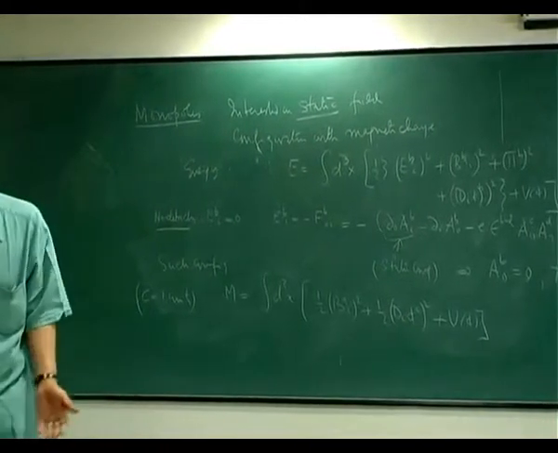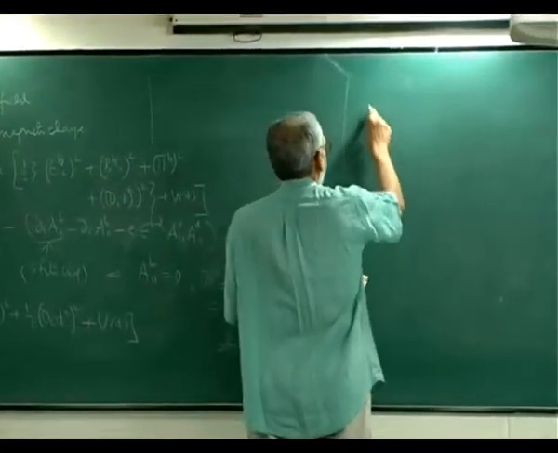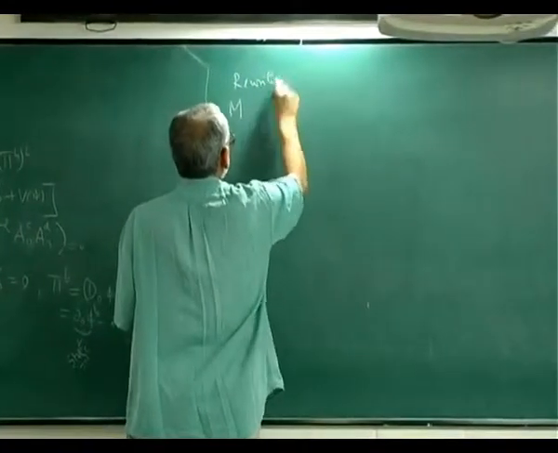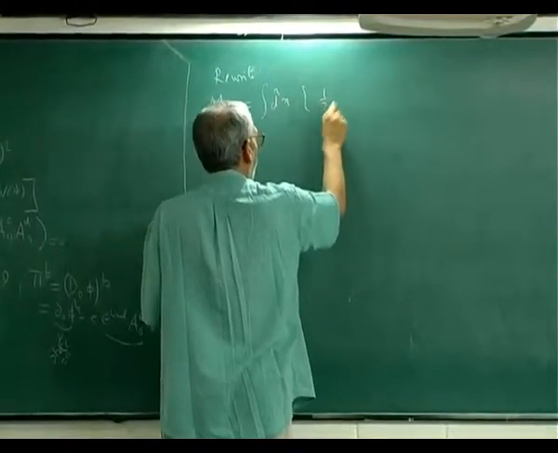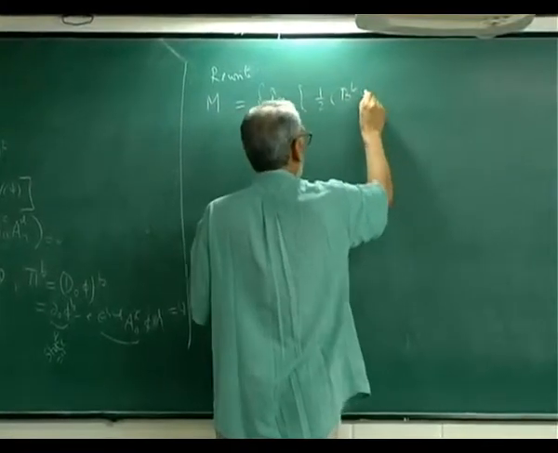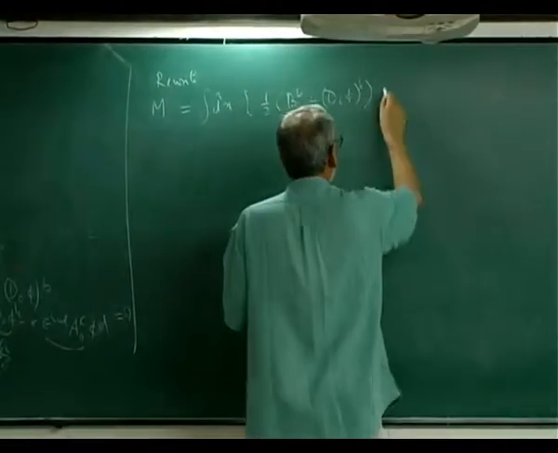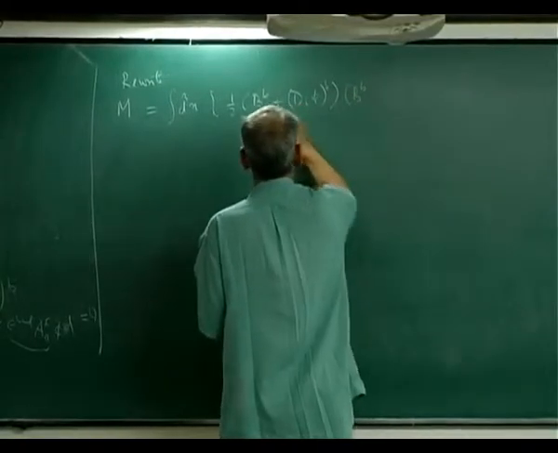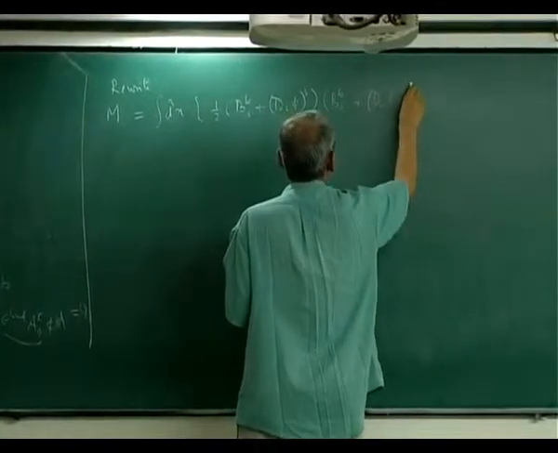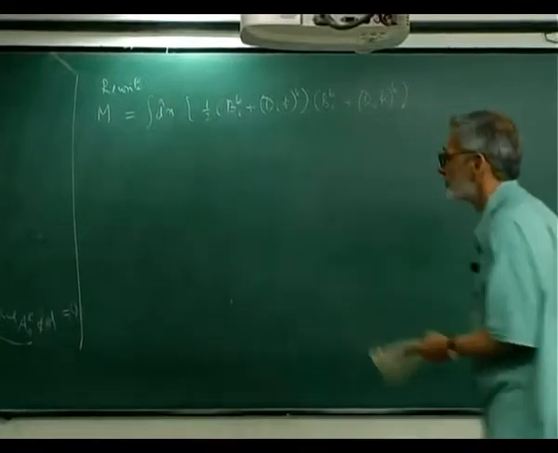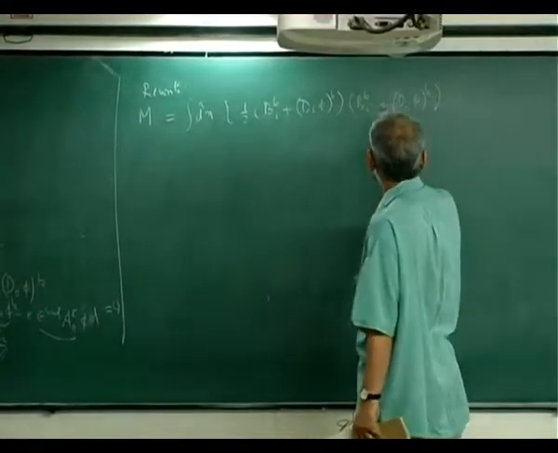Now, let me rewrite this expression in a particular way. M is equal to the integral d3x of half (B_i plus D_i phi)(B_i plus D_i phi). This times this is the first term, this times this is the second term.